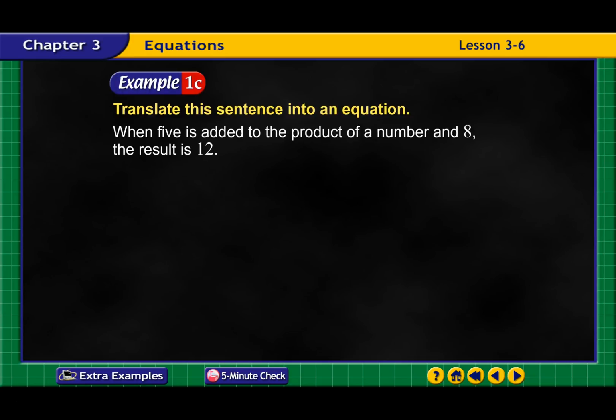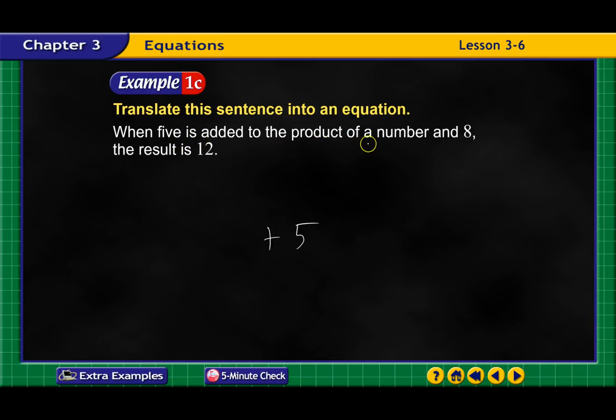All right, let's try this one a little longer. When 5 is added to the product of a number and 8, the result is 12. So when 5 is added to the product, I'd say that'd be plus 5, or you could go 5 plus, it doesn't really matter.